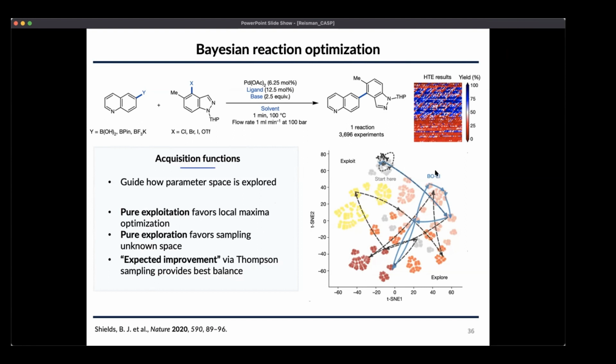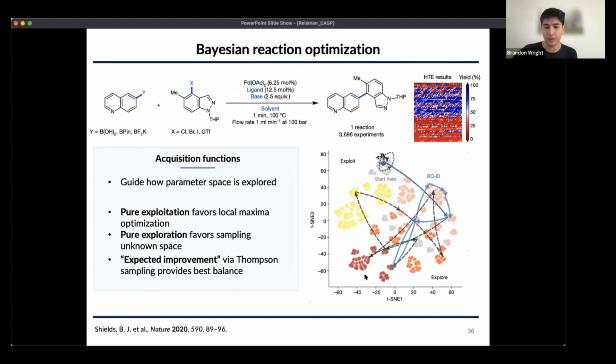You can see in this reaction map, this is a 2D representation of a multi-dimensional reaction parameter space. They plotted it on a 2D map, where each of these clusters is a set of similar reaction conditions.